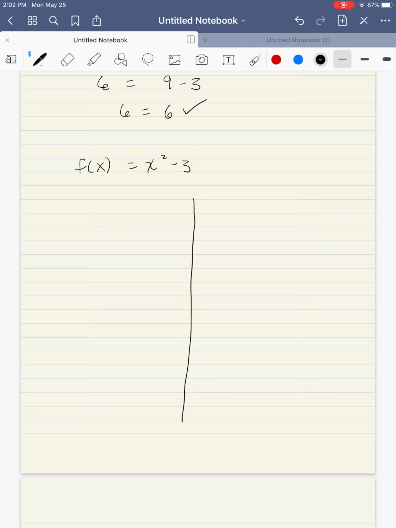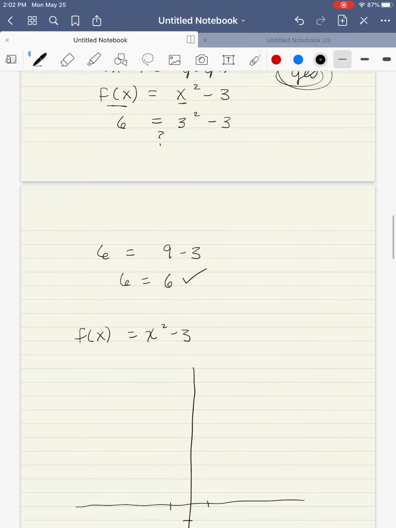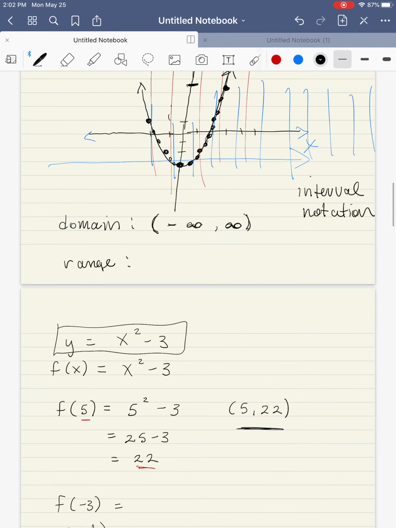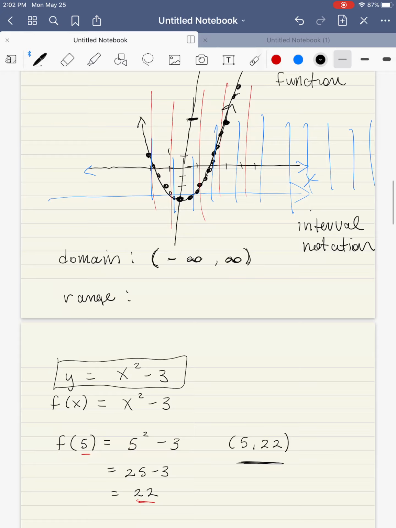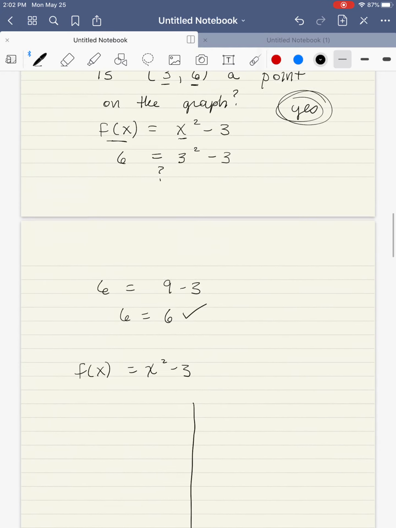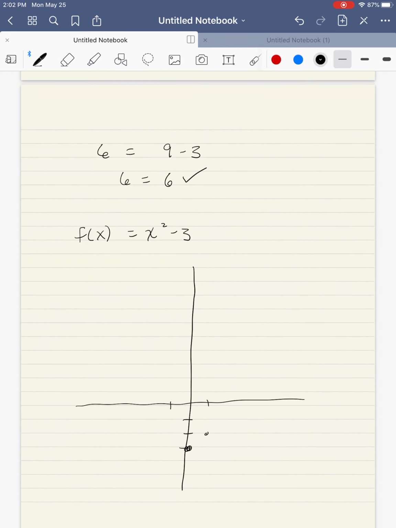And I plotted points to see what my graph looked like. And I could have just mentally plugged it back in. But anyway, so my graph looks something like this.